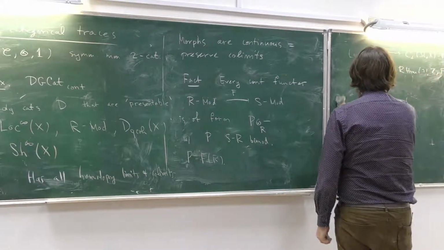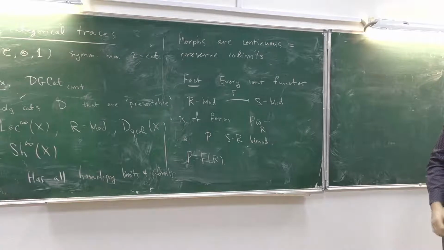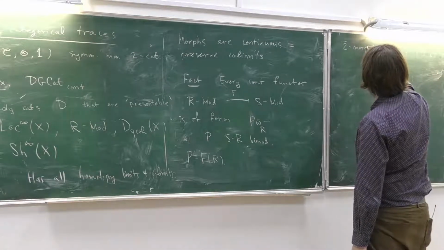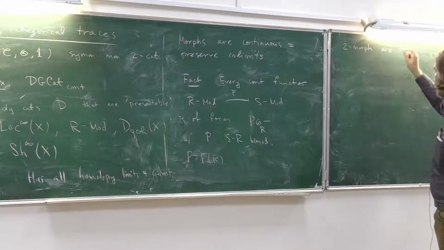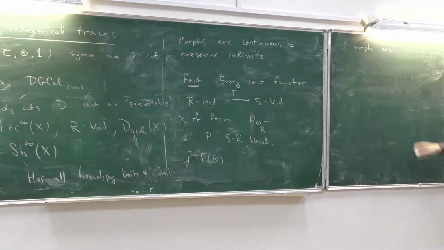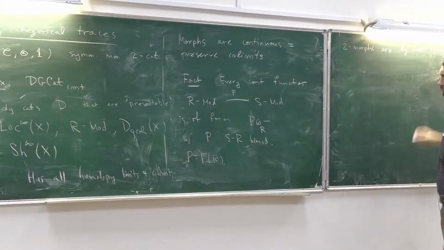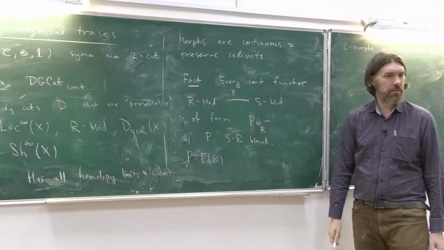And the two morphisms are natural transformations, so DG natural transformations. And in this setting, if I'm working with categories of DG modules, then the natural transformations are just given by maps between the bimodules.